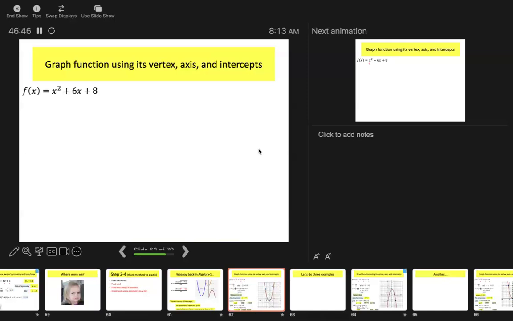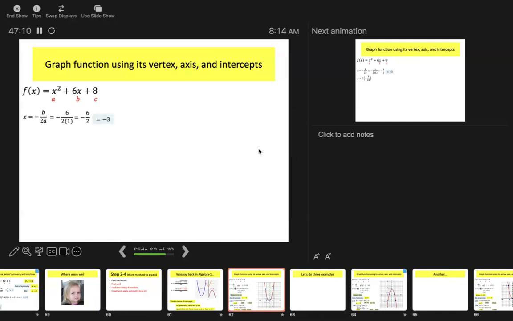Our first thing is we're going to find the vertex. Same process as before, with a, b, c. First step is we find the x value of the vertex, negative b over 2a. You guys are old pros at this, so that's going to give us negative 6 over 2, which is negative 3.